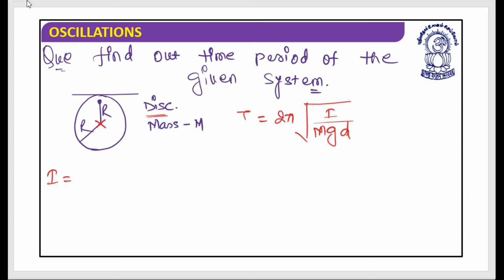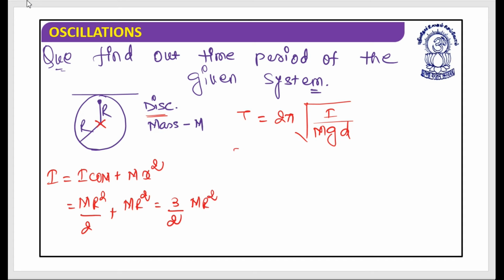When we rotate it about the point of suspension, I equals I_COM plus m x squared. I_COM is mr squared by 2, plus mr squared again, so this equals 3 by 2 mr squared. This is I, and this d would be equal to r.